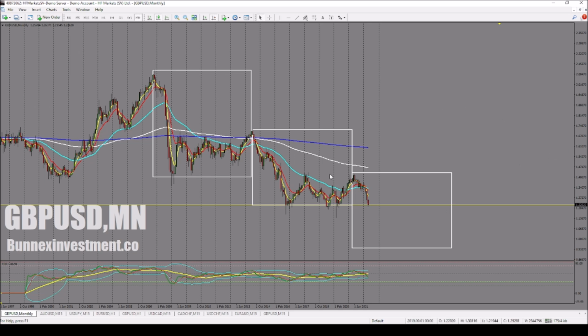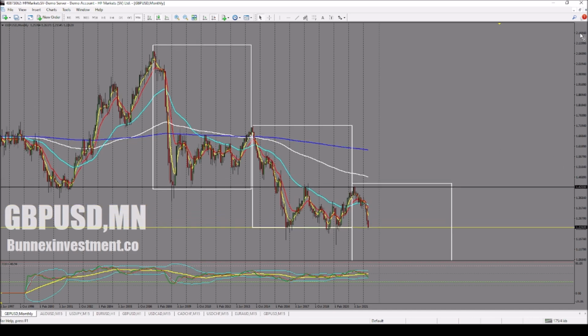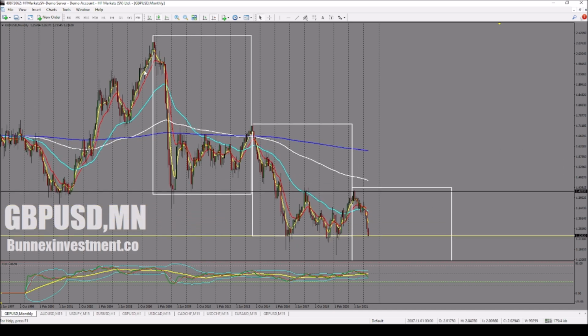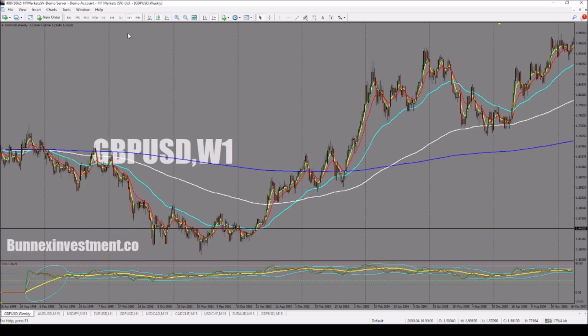So right from there, we have attained what we call a datum. This is now the point that we want to use in our smaller time frames. Going from that point, we now go to the lower time frame, which is the weekly time frame.